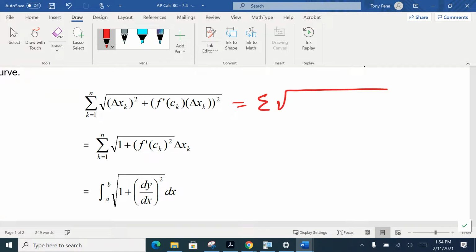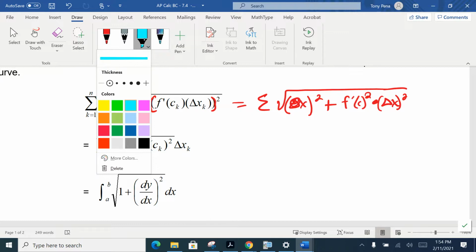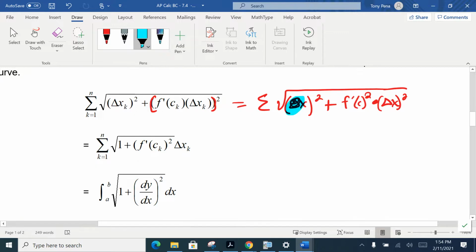And then what I want you to do to clean this up is, since both of these are getting squared, we're going to square each of them individually. So we're going to write this as f prime of c squared times the delta x squared. What you would then notice, hopefully, is we have a common factor of the delta x squared.